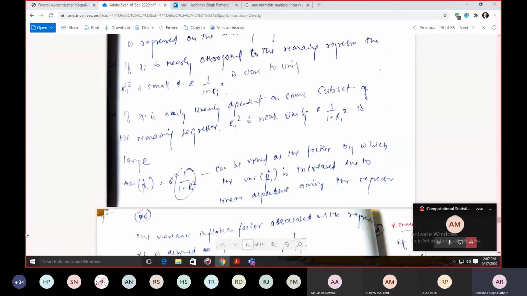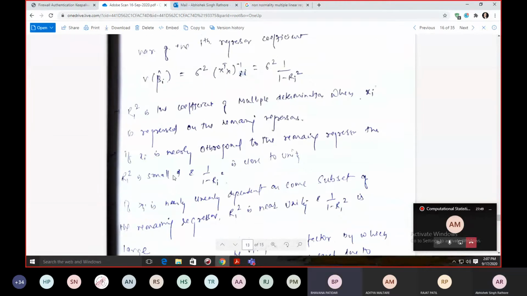So if xi is orthogonal, meaning it should be at 90 degrees, how will we find that out, by making a graph? We will calculate. Wait, I am just saying if xi is orthogonal with the remaining regressors, then 1 minus ri square is very small because correlation is 0. When we say that these are orthogonal, it means that they don't have any correlation, because let's say we are having x axis and we are having y axis.